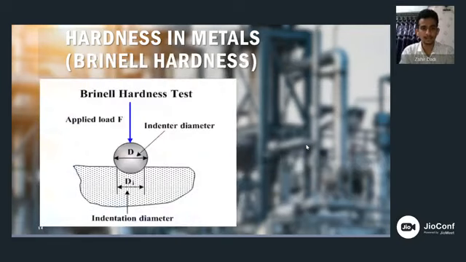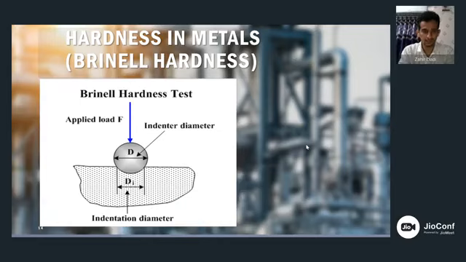Now let's see how it can be measured. In a hardness machine, a ball is penetrated into a material with different types of load. If the material has higher hardness, then the load will be higher. After applying the load, this indenter will penetrate into the specimen.